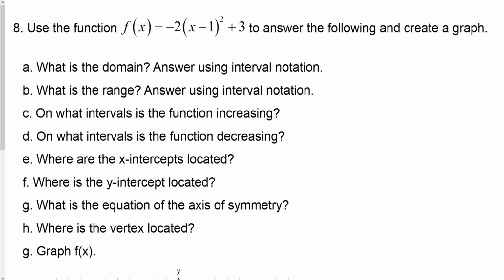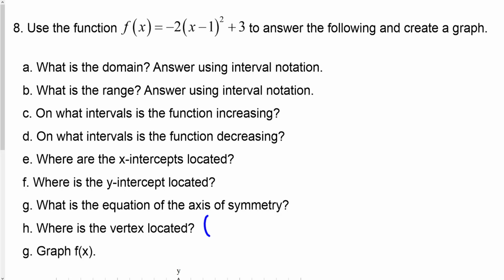Most of these I think are easier to answer once we have the graph. So I think I'm going to start there and then kind of fill in the dots as I go. So first off, this function is already presented in standard form, which means I can get the vertex of this parabola very easily.